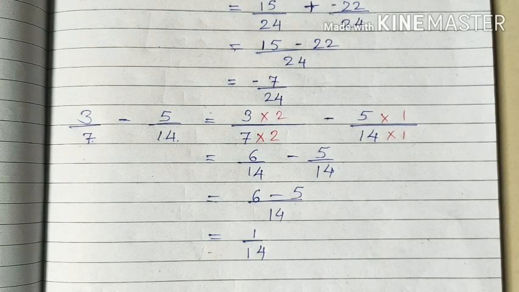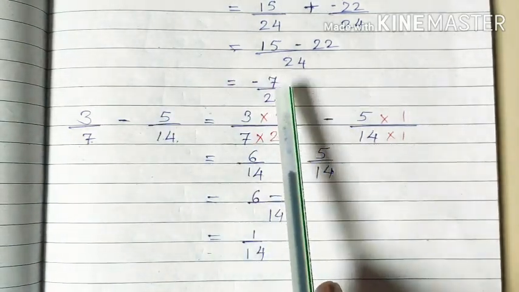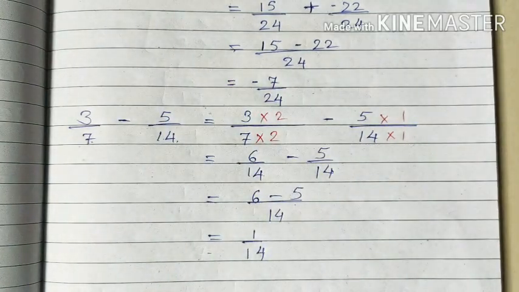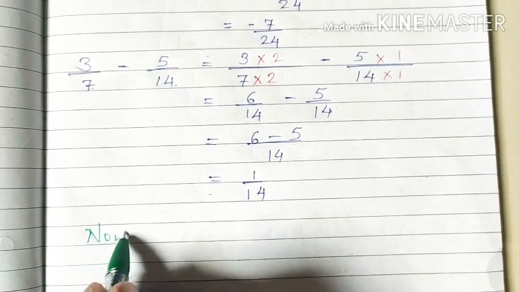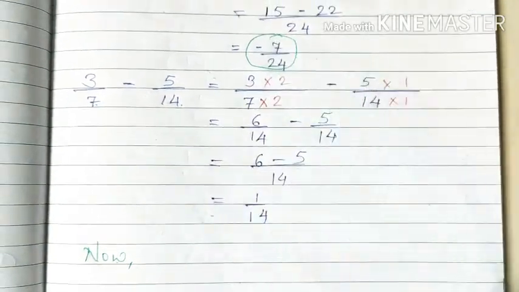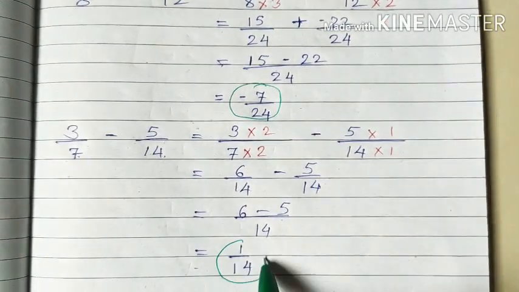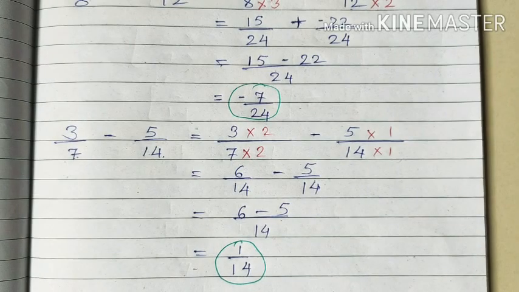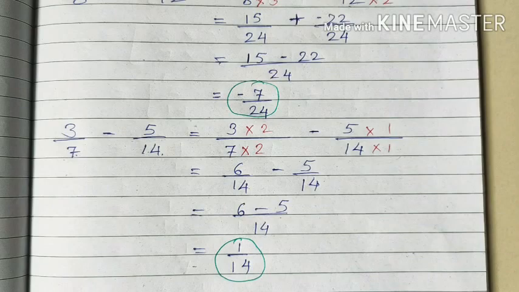Now what we have to do? The sum means this number. Now we want to make a division of the sum of the first two numbers and the difference of the next two numbers. Between these two we want to make a division. Okay.